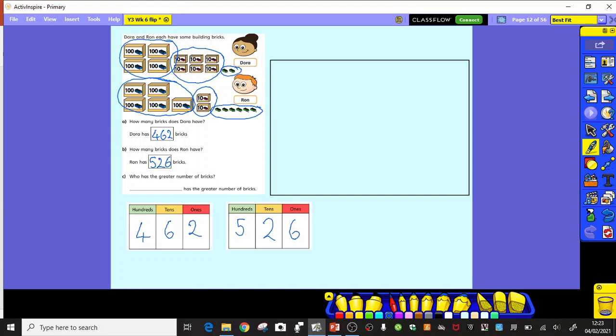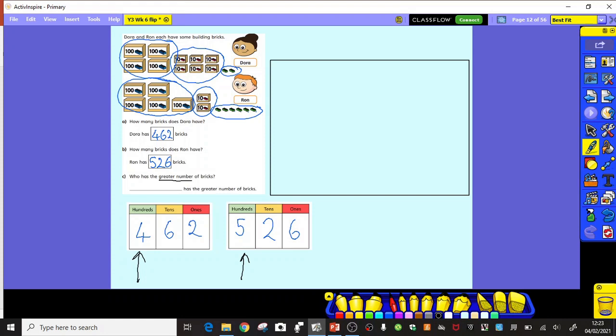So remember what we looked at before. If we start with looking at the hundreds column, Dora's number has got 400s. Ron's number has got 500s. We need to find which one has the greater number of bricks. So we're looking for the biggest number. So which one of those is bigger?